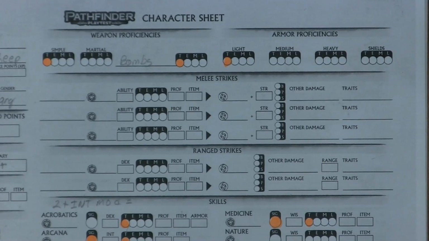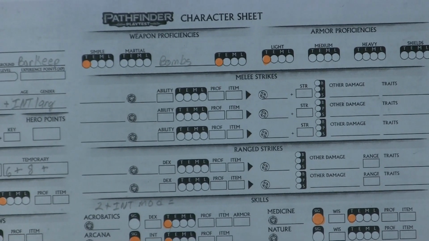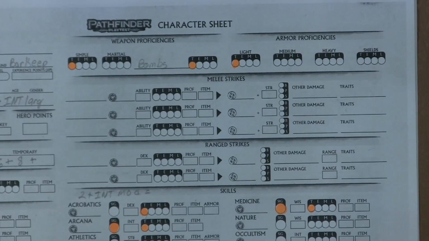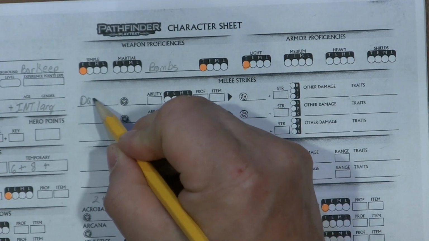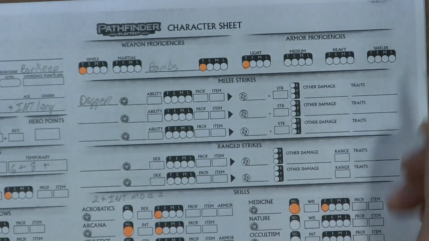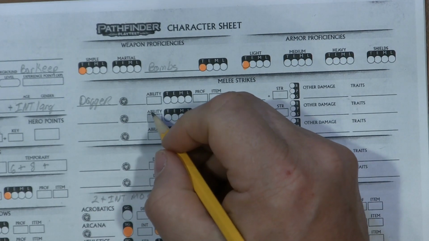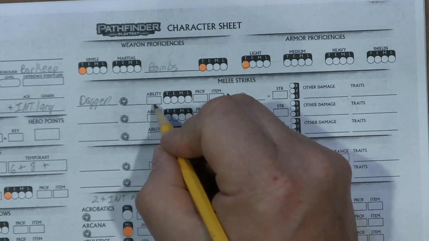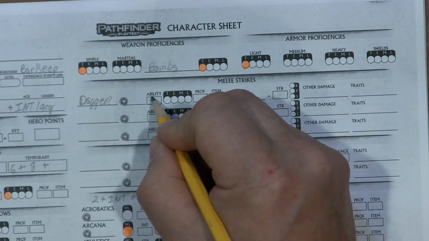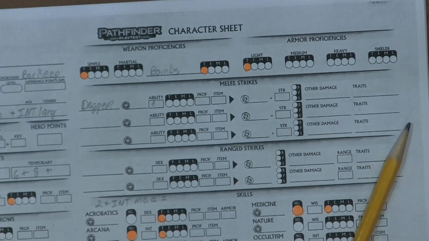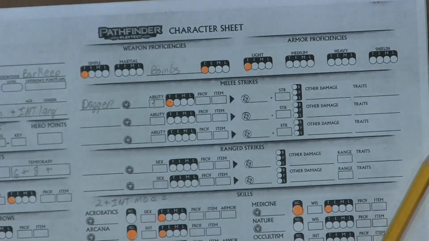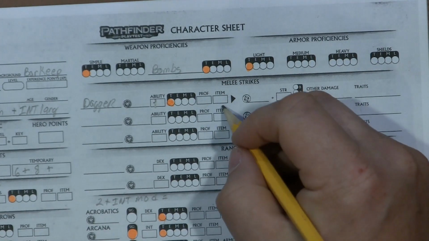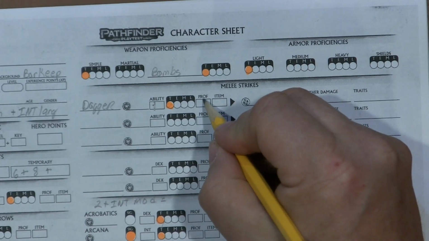I'm going to zoom out just a hair so you guys can see all this. And my dagger, my ability score is +1. I'm just going to put a 1 in there. Oh, plus I'm trained in it, which is another 1.